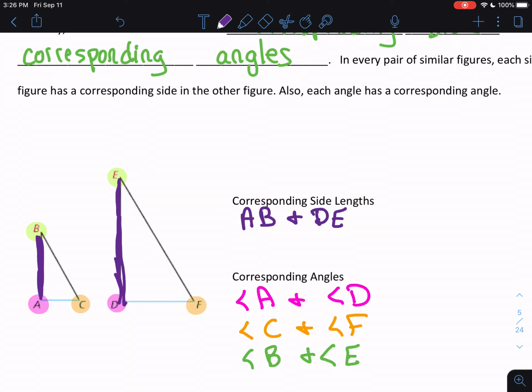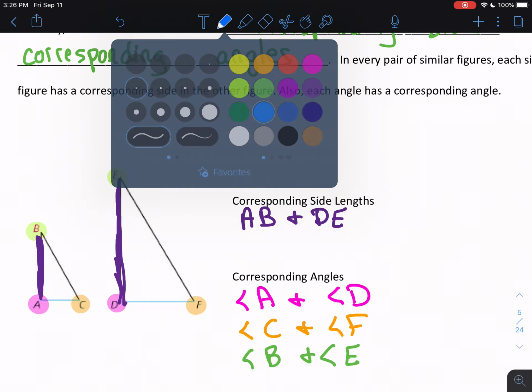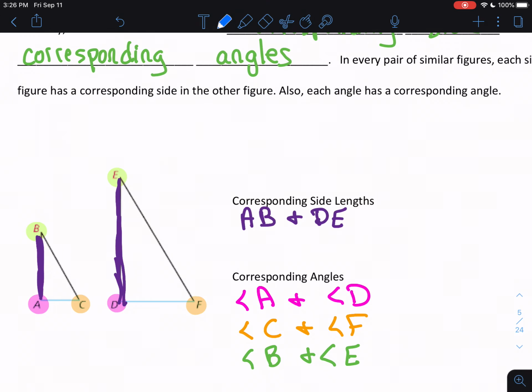I know that seems really detail oriented, but it's going to come into play as you get into further levels of math. Okay, so now I'm just going to change colors here, so let's go with blue. And so now we also have corresponding angles from green to orange, or B to C, and then also from green to orange on the bigger triangle, E to F, so BC and EF.